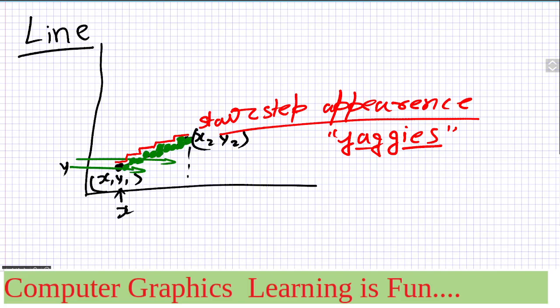Similarly, this position also, this is x2 and this is y2, right? So always you will have two endpoints for a line. One is x1, y1, another is x2, y2. So these things you will have to consider while printing a point or a line.